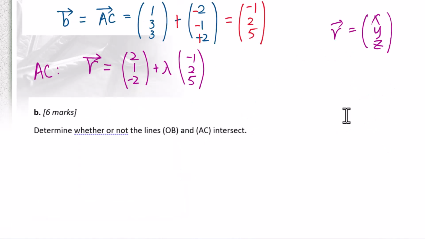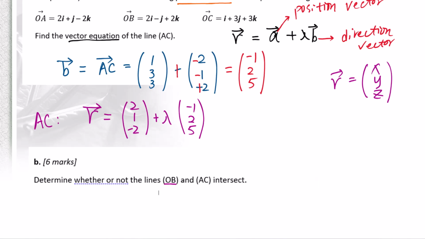Let's go to B. Determine whether or not the lines OB and AC intersect. Let's write down the vector equation for OB. Let's label this R1 equals.